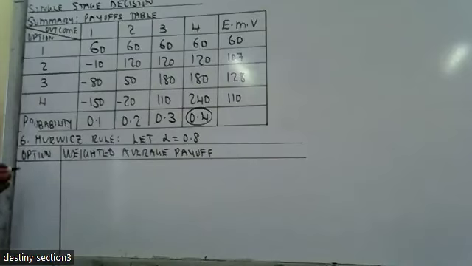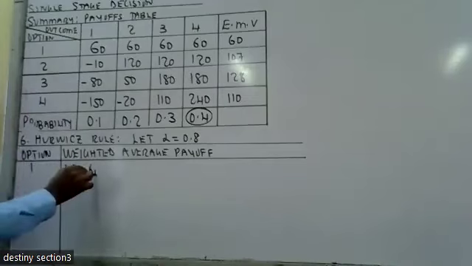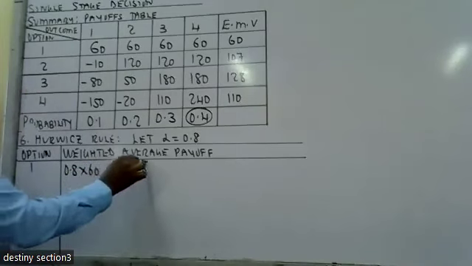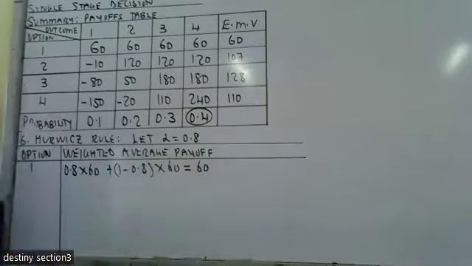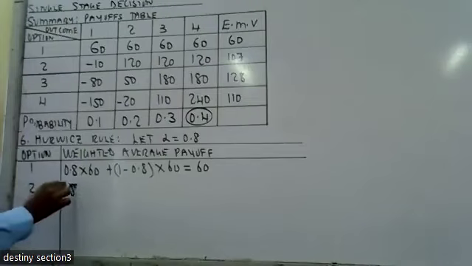So in this one, option 1, we are going to have 0.8 times the best. The best is 60 plus 1 minus 0.8 times the worst. The worst there is still 60. The answer is 60. These formulas are already in the notes. When you look at the notes later, when we come to number 2, it is 0.8 times the best.